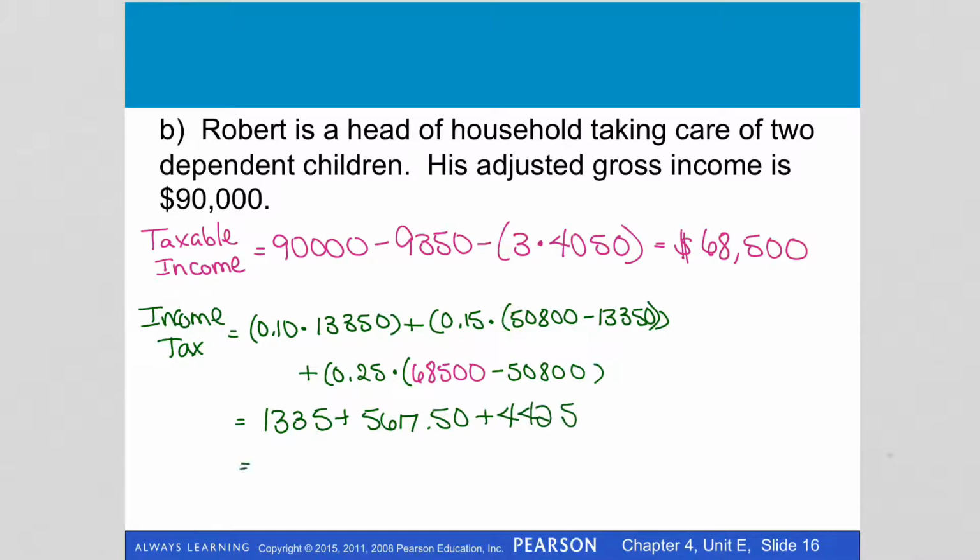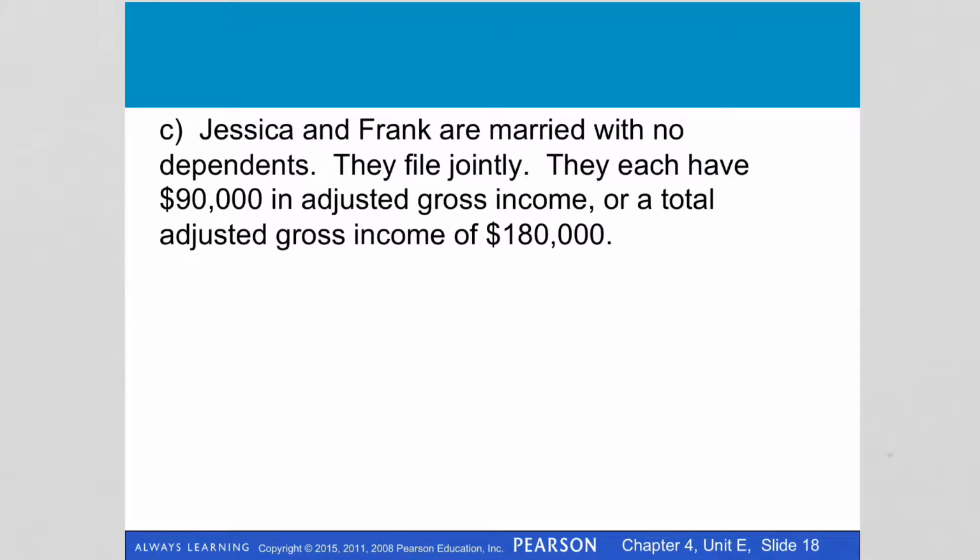You take that, round up, and he's going to pay $11,378. So you can see that Deidre and Robert made the same amount of money, but because Robert has kids, he's paying less. And then one more example.